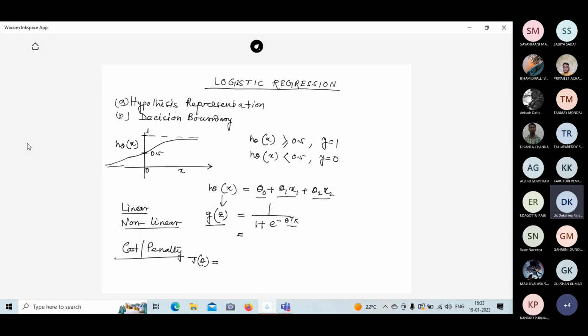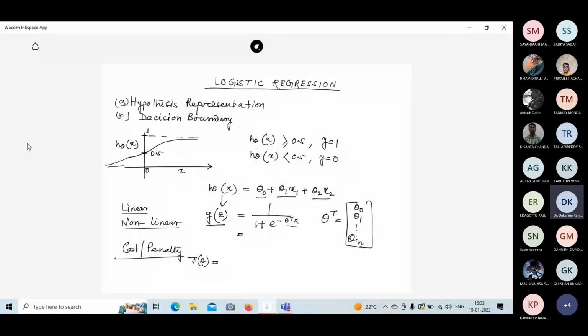Okay, so here we can write J theta. So here theta is the parameter value. Now, why we need to compute the cost or penalty? Because in the last class we saw that these model parameters theta, we get theta as a column vector, theta 0, theta 1, okay, theta n.